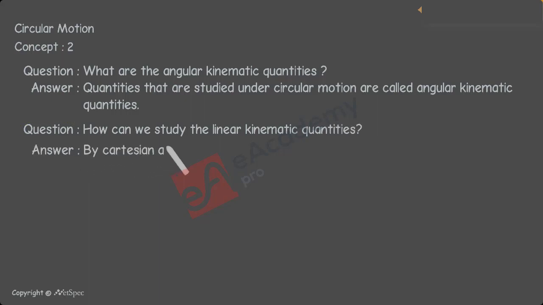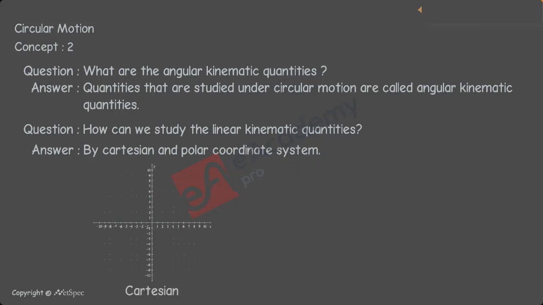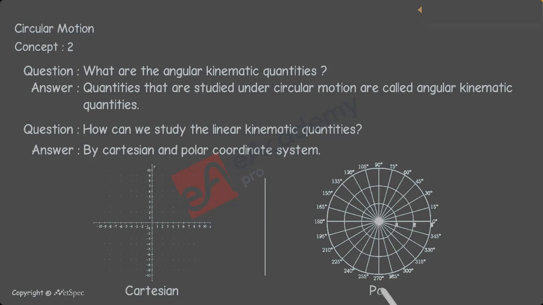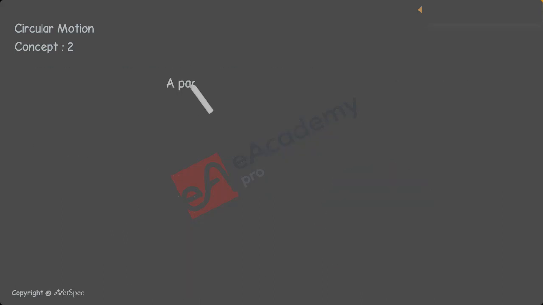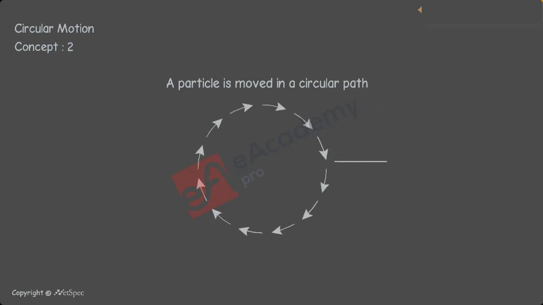By Cartesian and polar coordinate system. A particle is moved in a circular path. Here, some quantities are involved. The quantities which are involved in a circular motion are called angular kinematic quantities.